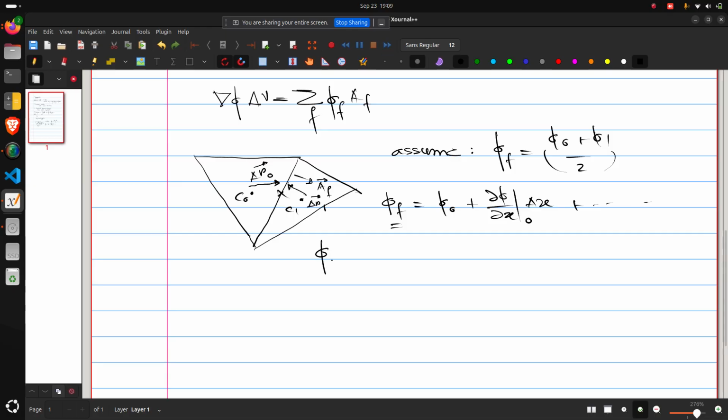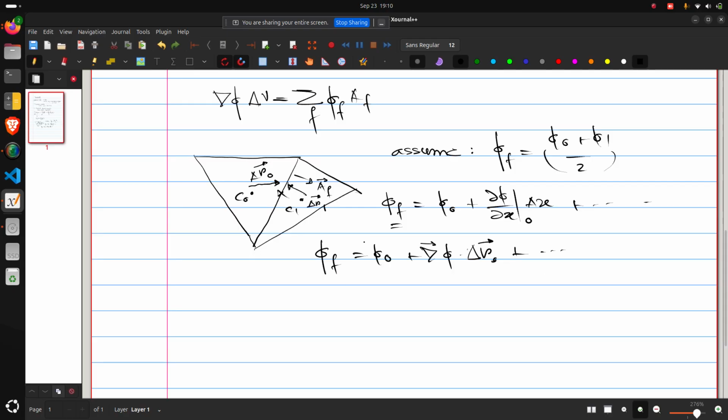We can just write it something like this: phi f is equal to phi naught plus gradient of phi, this is just a vector, times delta r naught bar, because delta r naught is connecting the cell center C naught and the face center, plus the higher order terms.